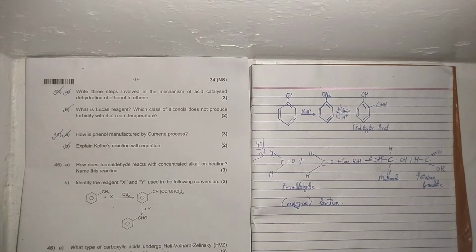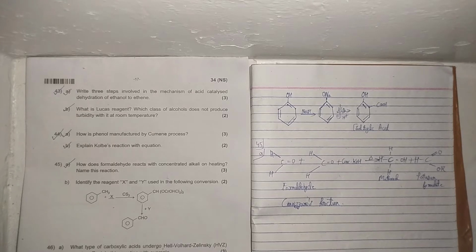So question number A is done. So we have written the formaldehyde reaction with alkali on heating, and this reaction is known as Cannizzaro reaction. That also we have written. Question number B they have given. So here only I will write, it's better, you will understand.